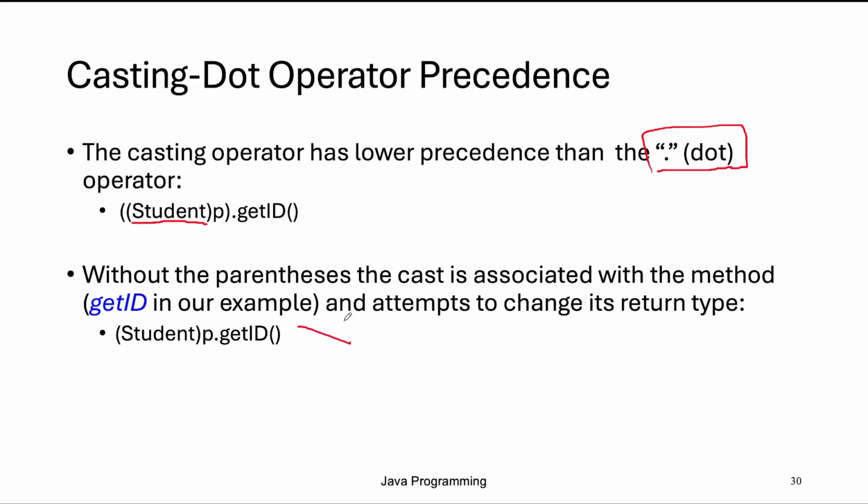So please do not write like this. If you put Student in brackets as a cast and then say P.getID, first P.getID will be executed, and then whatever value you get will be converted into the Student object. This is wrong because if P is not from the Student class, this function will create a runtime error.